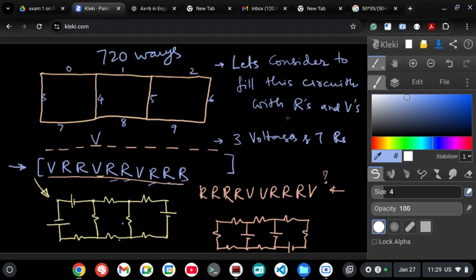Between 10 to 99, two-digit numbers I can assign anywhere. So each V can be anywhere between 10 and 99. So now you calculate. It goes into billions of combinations.